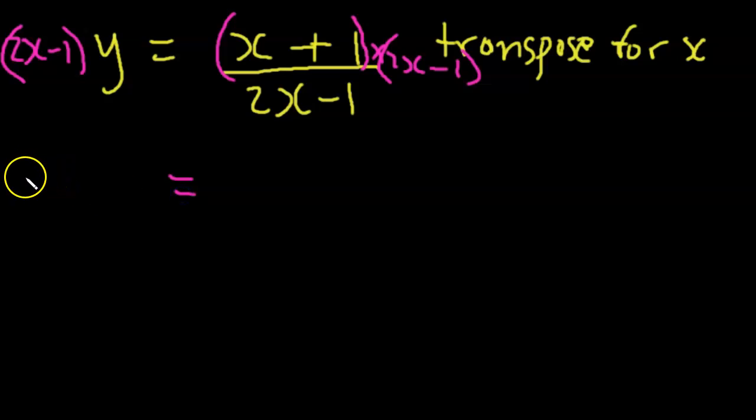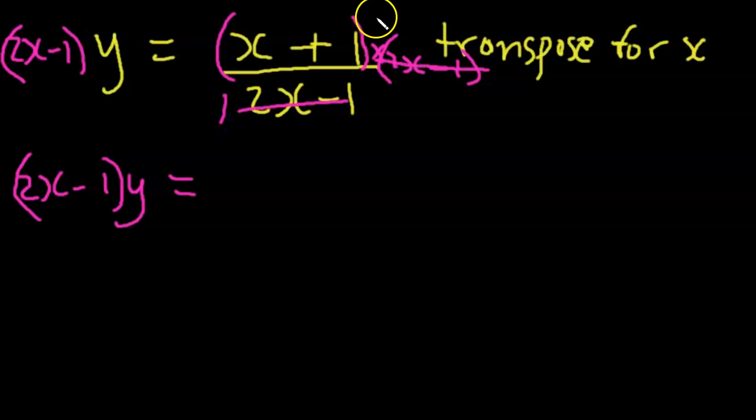So we'll have 2x minus 1 times y here. And then 2x minus 1 into itself, one time, so we just have x plus 1 here.